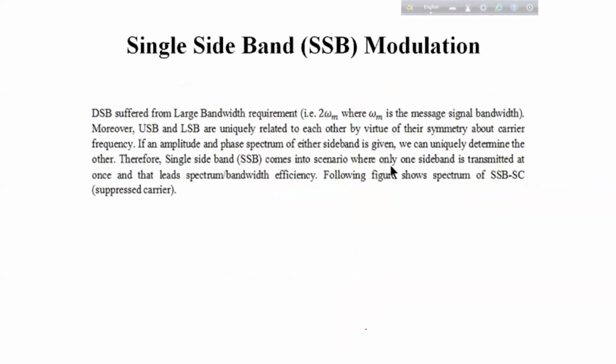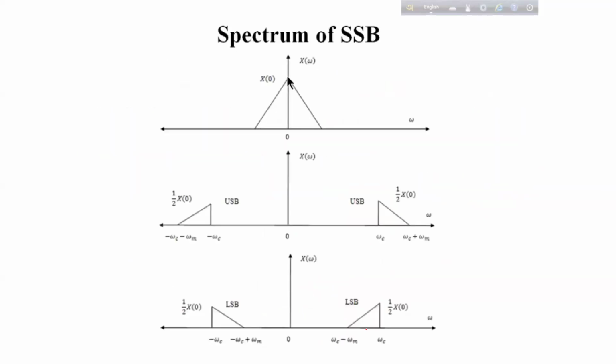Now the single sideband. The single sideband modulation is like this. This is our spectrum of X omega. When you are doing modulation, you will get this portion, one shifted to omega c, one shifted to minus omega c. Now, you have to pass this signal through a filter.